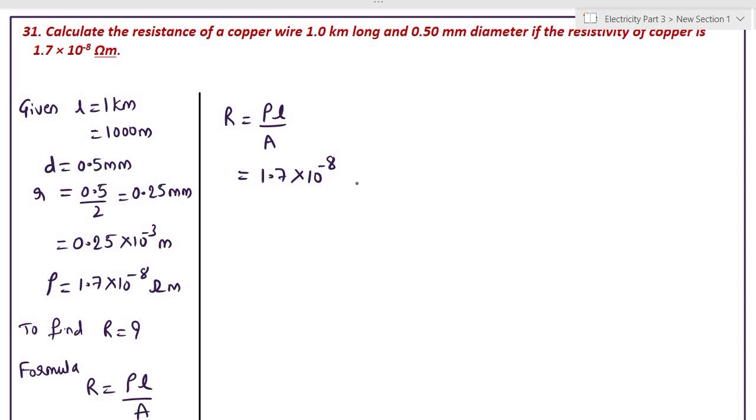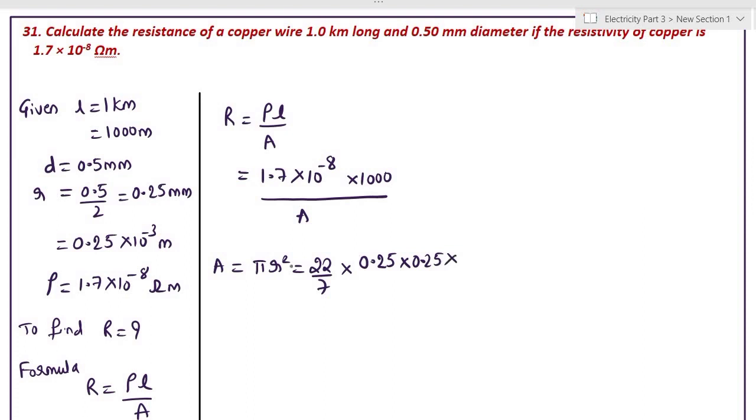And what is the length here? 1000 meter. And the area of cross section is not given, so we need to find it. Area is equal to pi r square. Pi is 22 by 7, and the radius is 0.25 into 10 to the power minus 3, whole square.